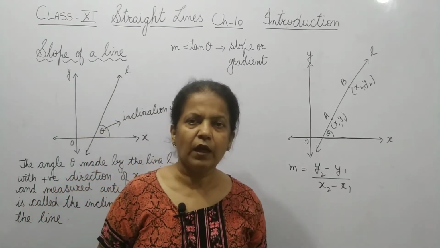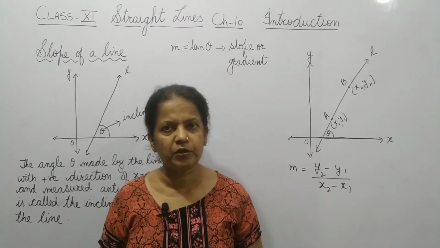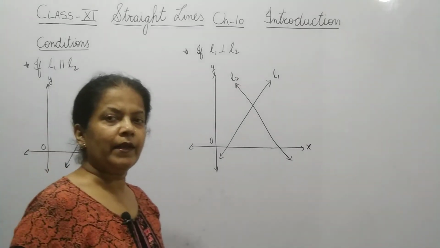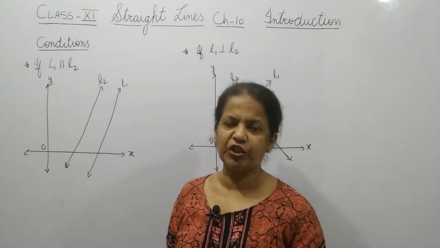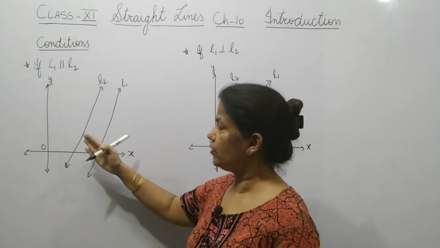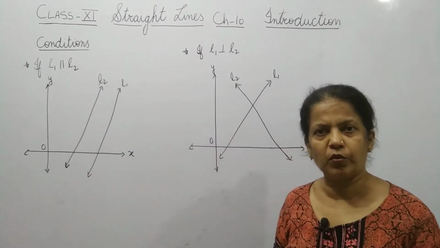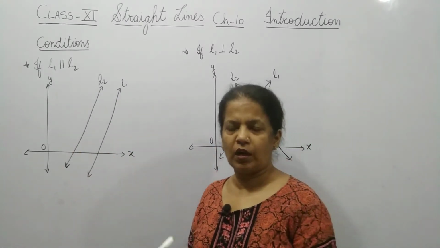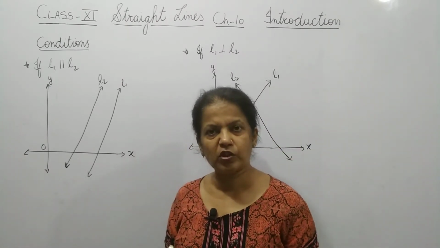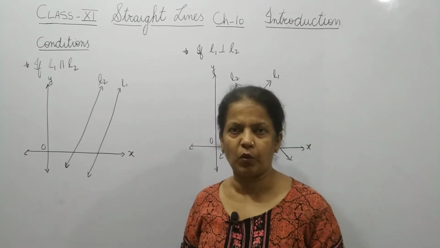Is it clear? Now we will talk about the conditions of slopes. Now we will talk about the conditions of two parallel lines. So if two lines are parallel to each other, we have to take conditions for two lines. Then we will take one more condition, if two lines are perpendicular to each other.